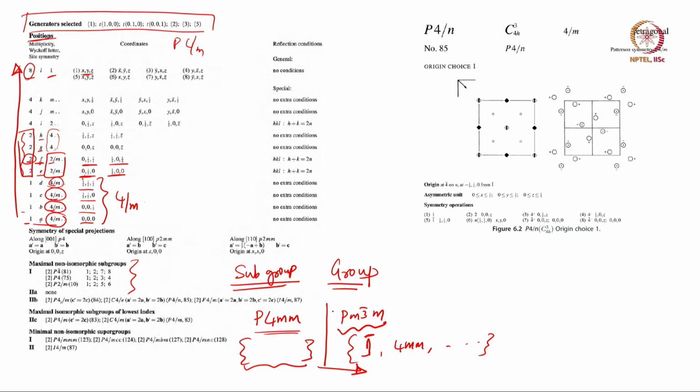In fact, when we were doing barium titanate, we said that this is the high temperature phase or more symmetric phase where there is inversion symmetry, and this is the low temperature phase, where there is no inversion symmetry, or this is polar, right. So you can see that they have a group to subgroup relation.